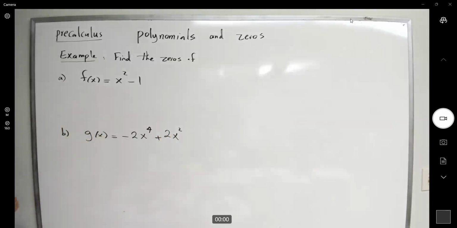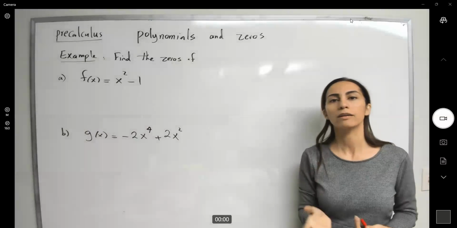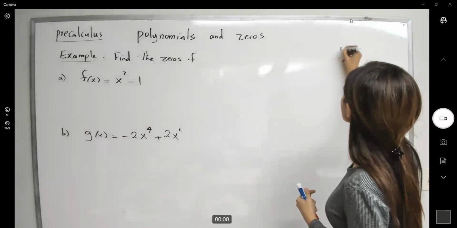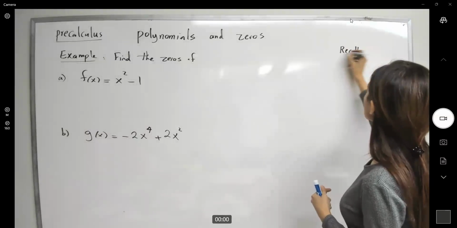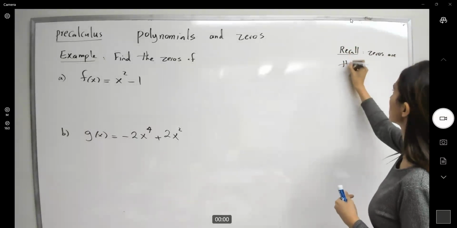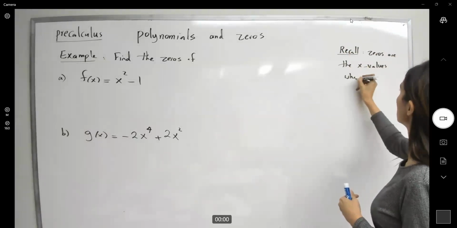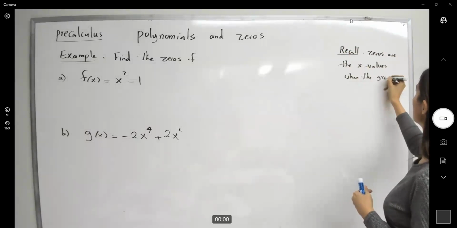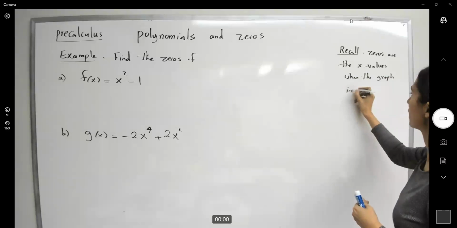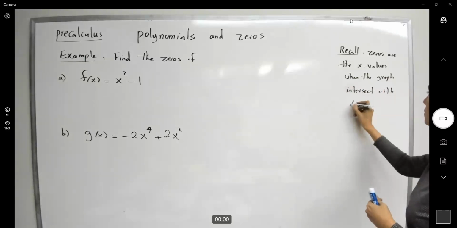Okay, very well. So how do I find zeros? What is the definition of a zero? We call that zeros are the x values when the graph hits or intersects with the x-axis.